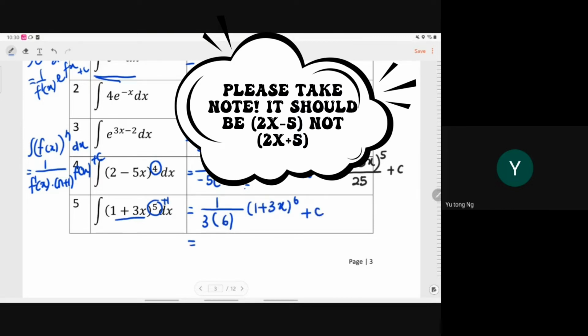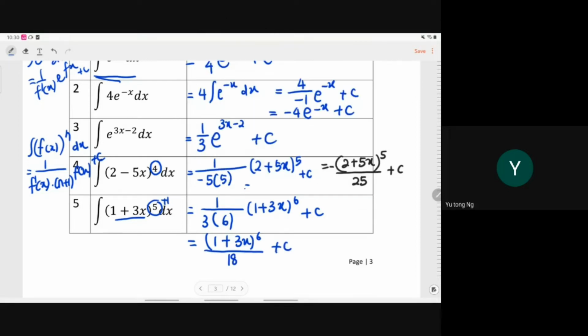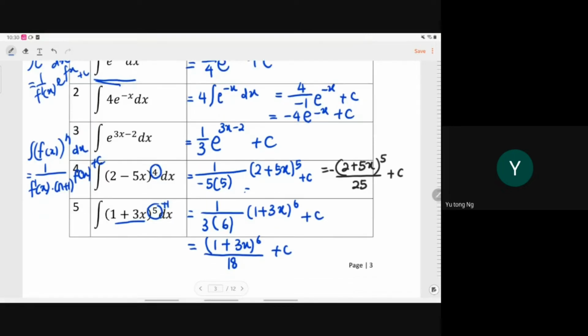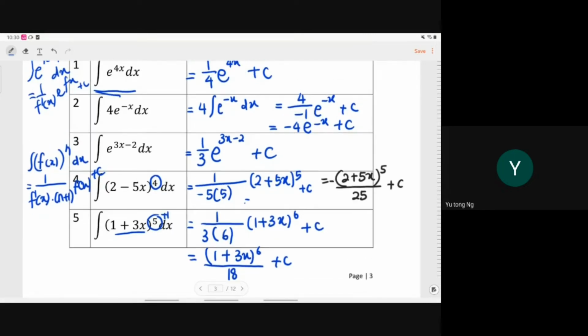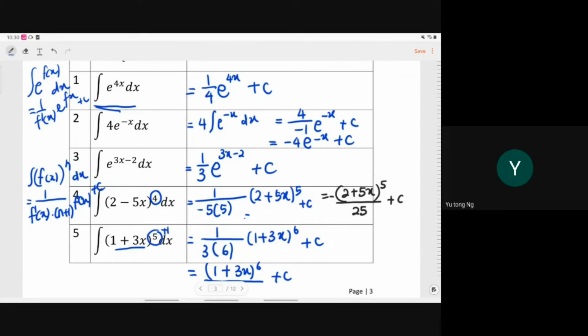We simplify: (1 plus 3x) to the power of 6 over 18 plus c. You might try this one later by yourself, just to ensure you remember how to do this.